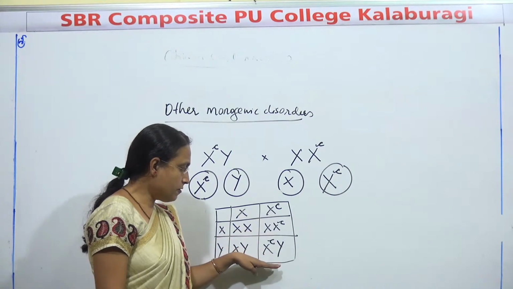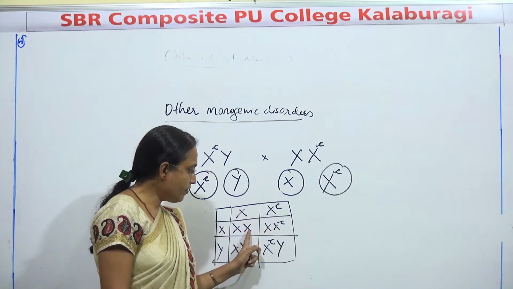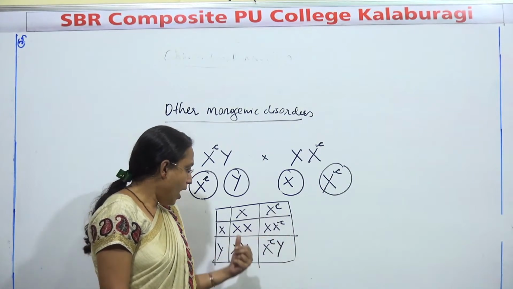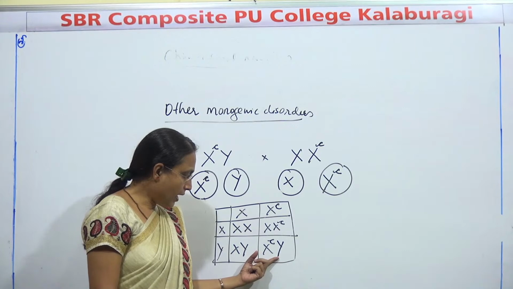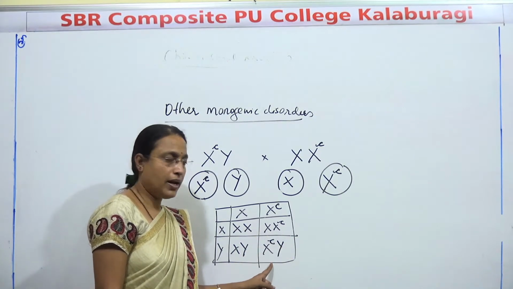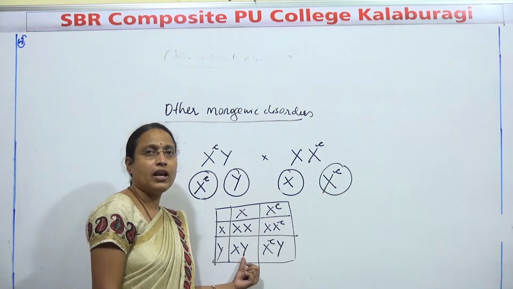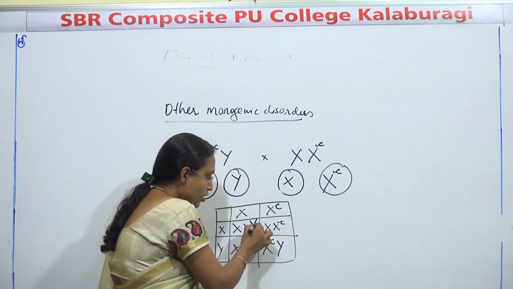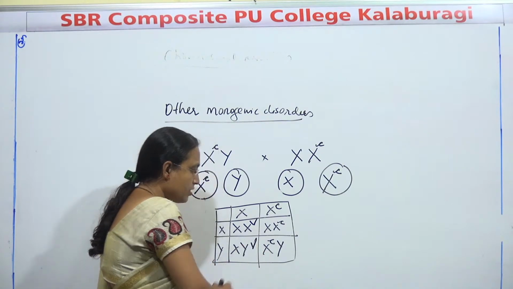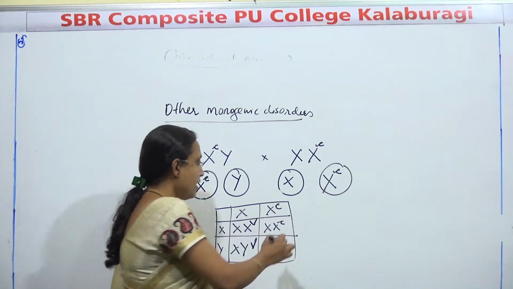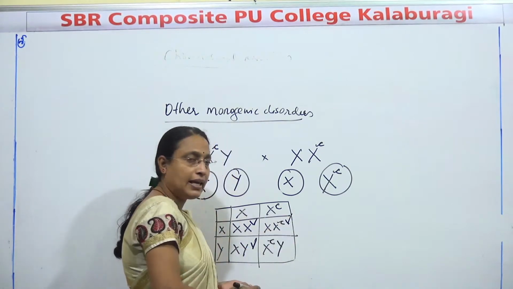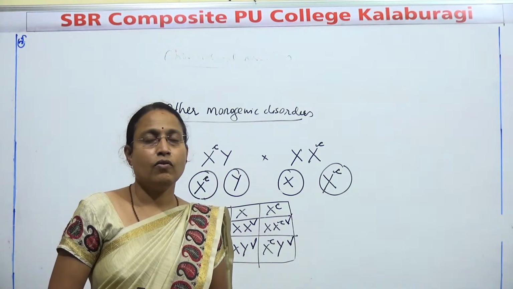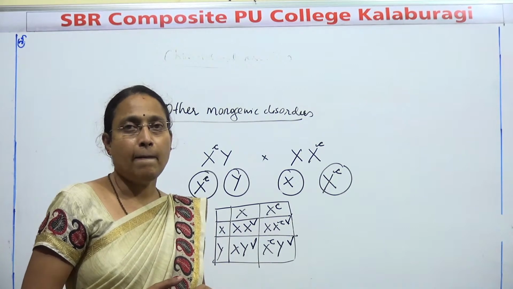50% male, 50% female. Out of that, 50% of the females are carriers, and 50% of the males are suffering with color blindness. Another 50% of the males are normal. So it means out of the total 100%, 25% are normal females, 25% are normal males, 25% are female carriers, and 25% are male sufferers of color blindness.